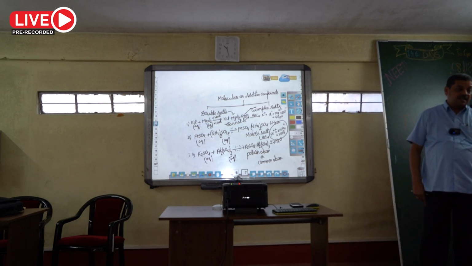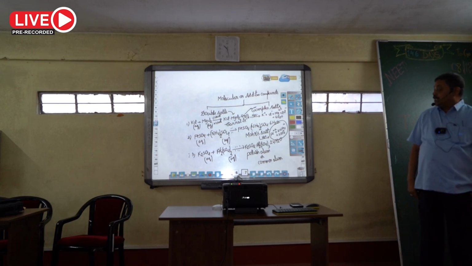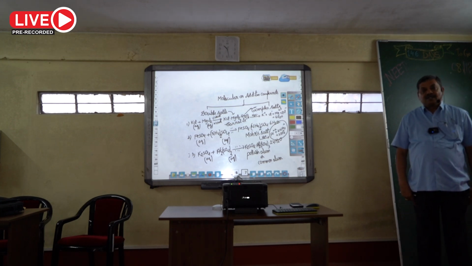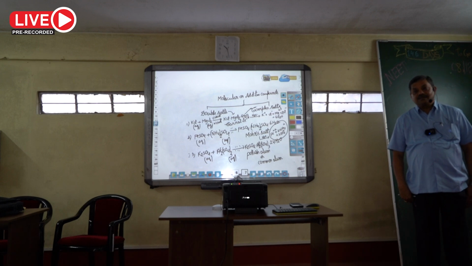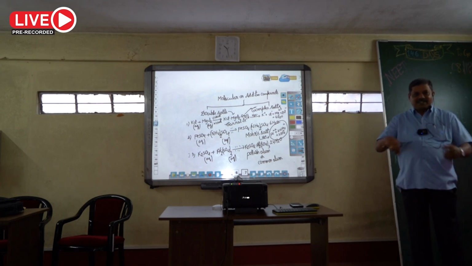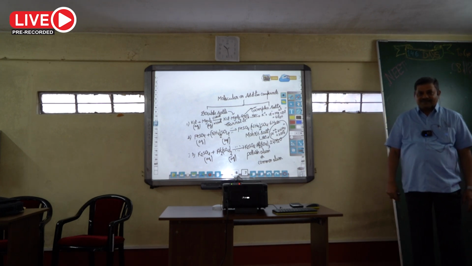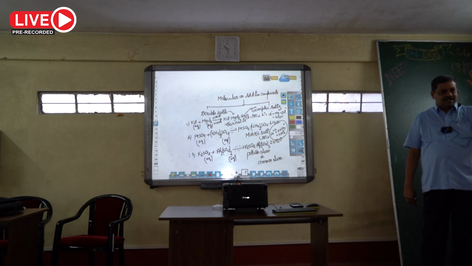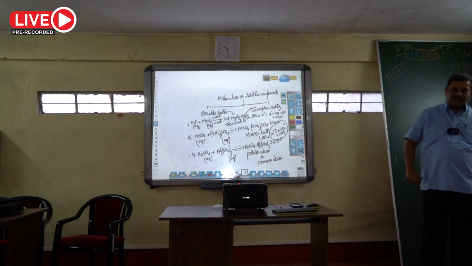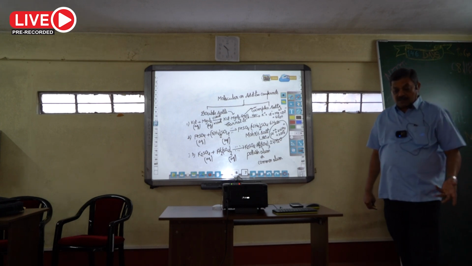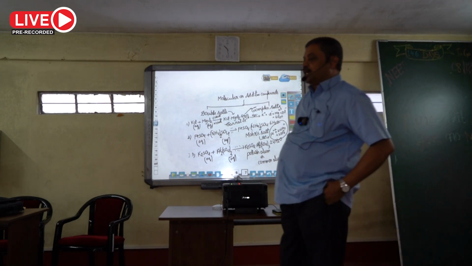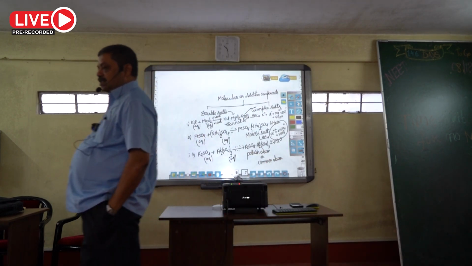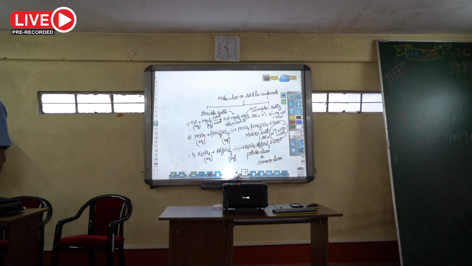Ferrous ions, ammonium ions and sulfate ions. Then you may ask me, how do you know it? You dissolve Mohr's salt in water. Will ferrous ion say hello to you? Yes, I am ferrous. Like attendance. Sulfate says, yes, I am there. Ammonium also says, I am there. How do you know that? Each ion, by qualitative analysis, you can identify them.